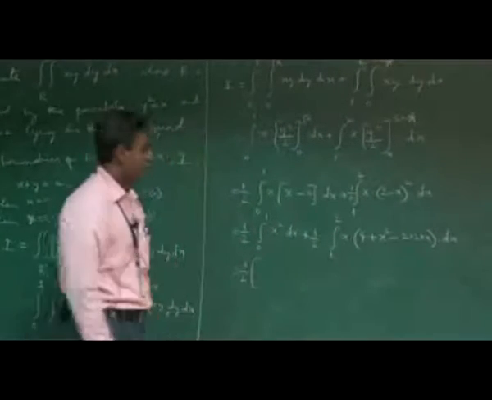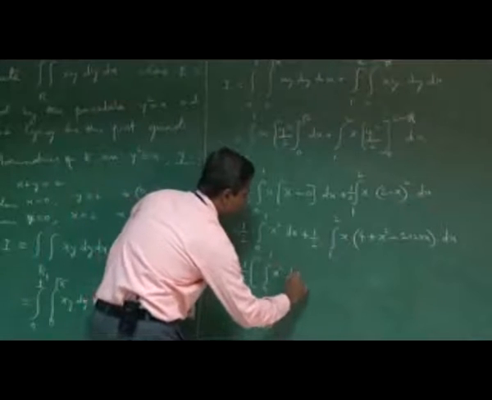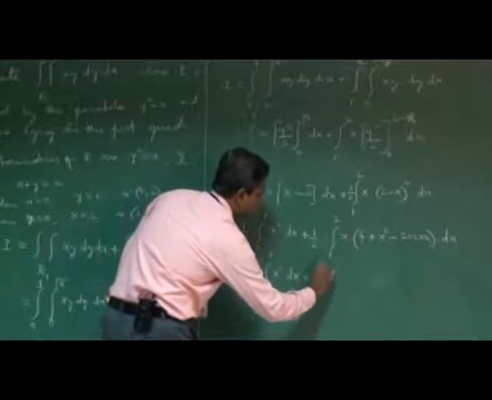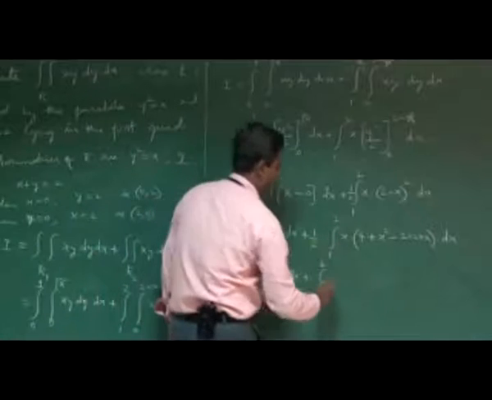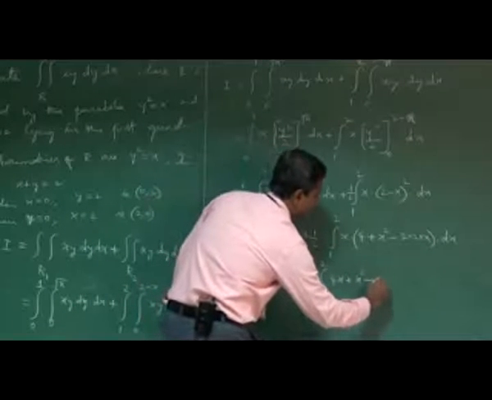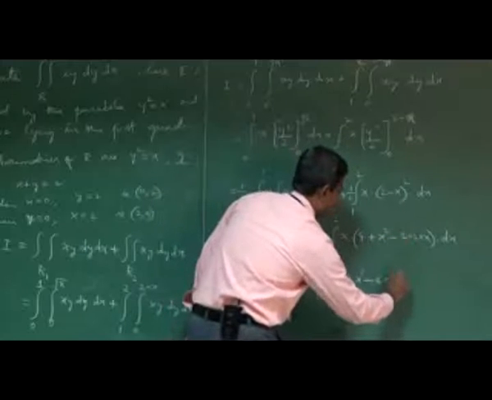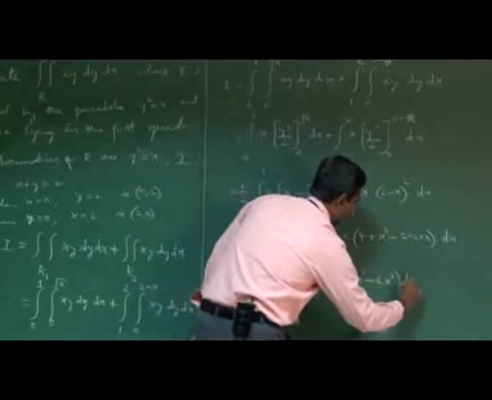1/2 is common, times the integral from 0 to 1 of x squared dx, plus the integral from 1 to 2, you multiply with the x here, that is 4x plus x cubed minus 4x squared dx.